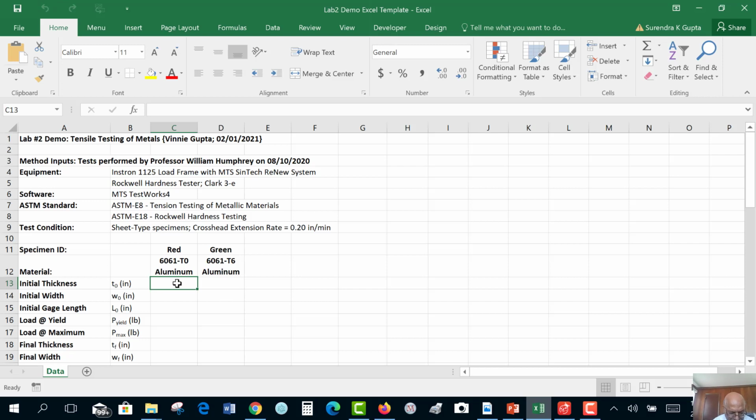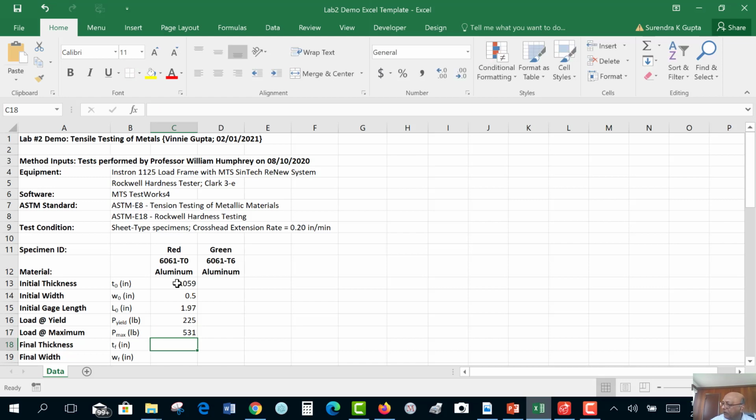So the thickness was 0.059, width 0.5, length 1.97, load 225 at yield. Maximum load was 531.